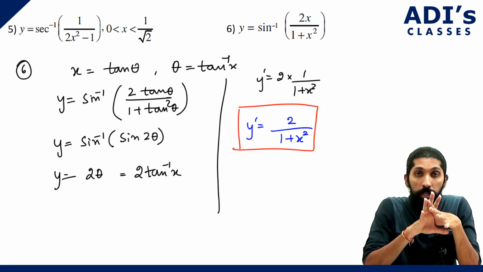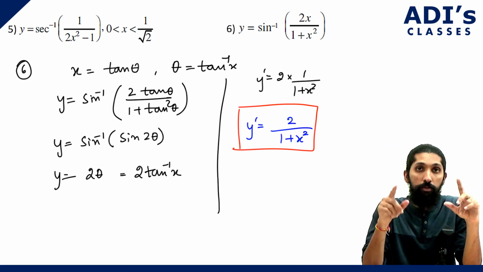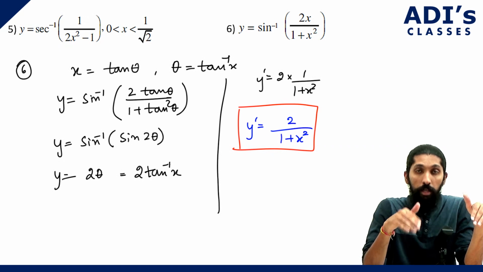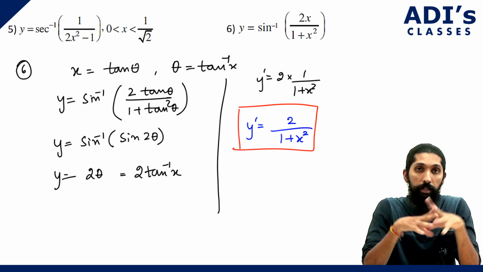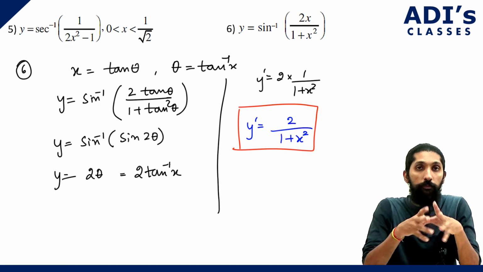So all inverse trigonometric functions follow the same logic. First, you substitute the trigonometric function, reduce the question, then you differentiate and get the correct answer. Fine. So these are certain questions. Now from the next video onwards, we'll look into a different topic under differentiation.